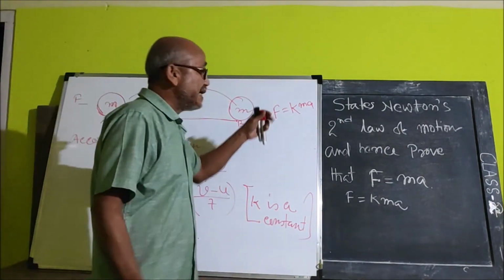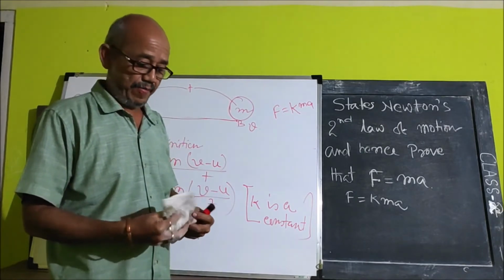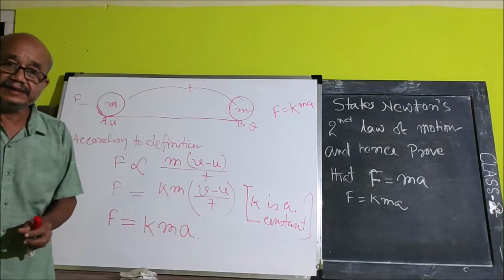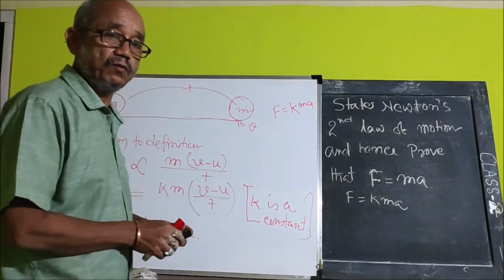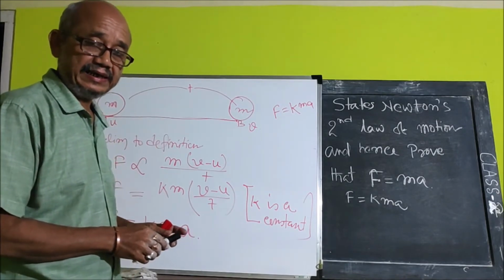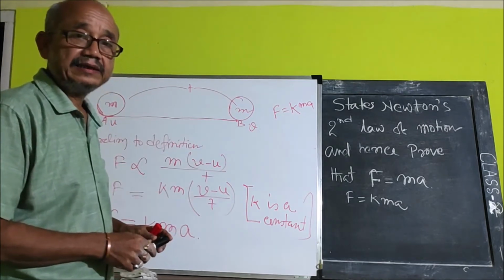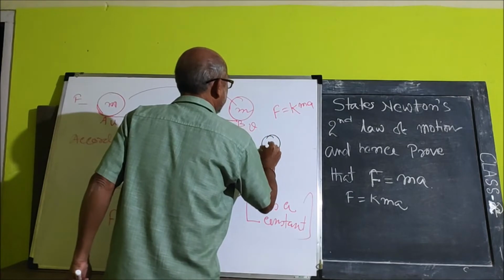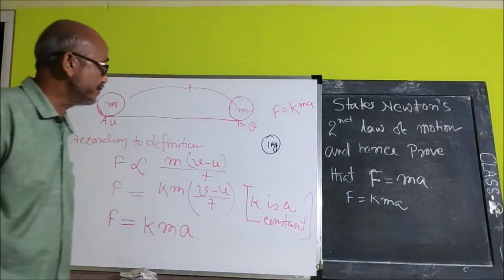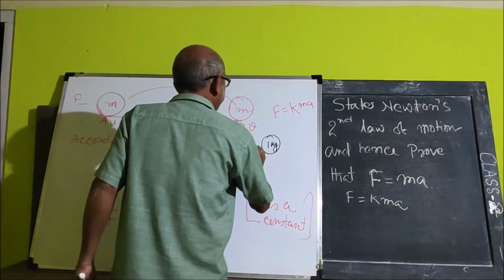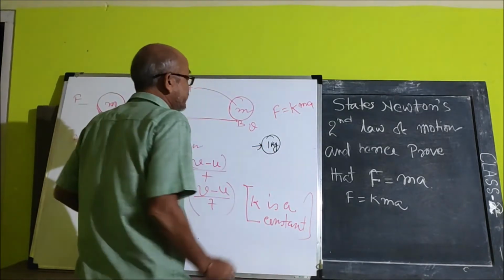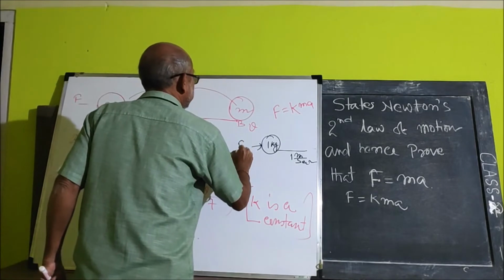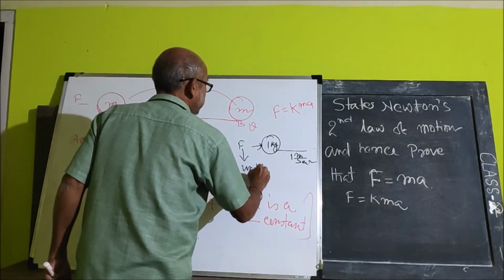Now, what is the unit force? When a force is applied on a body of mass 1 kg and produces 1 meter per second square acceleration, then the applied force is called unit force.